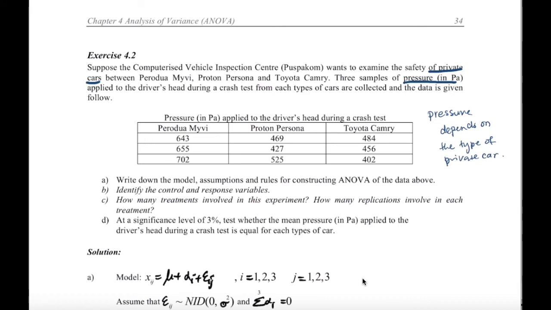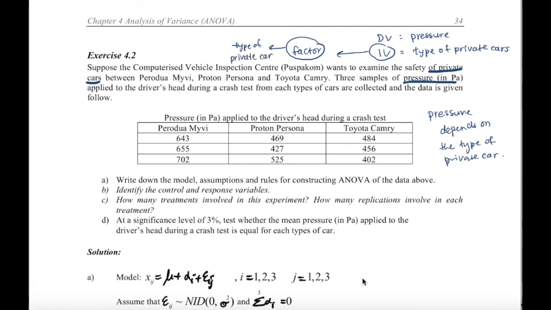Okay, so the dependent variable will be the pressure and the independent variable will be the type of private cars. So that is the dependent and the independent variable. So from the independent variable we know what the factor is. What is the factor? Factor is the type of private car. Okay, there's only one factor, that is type of private car.